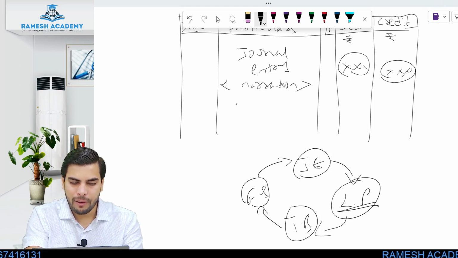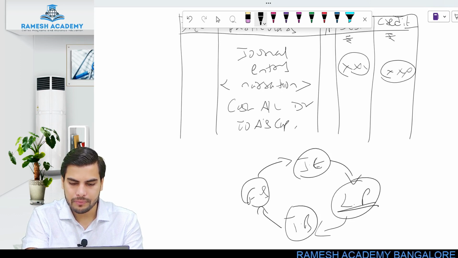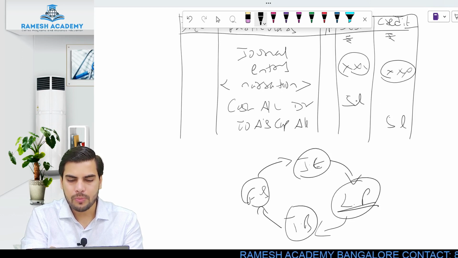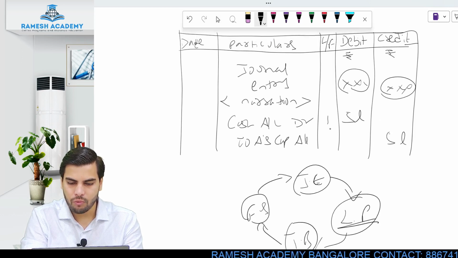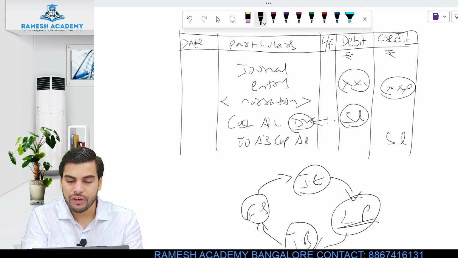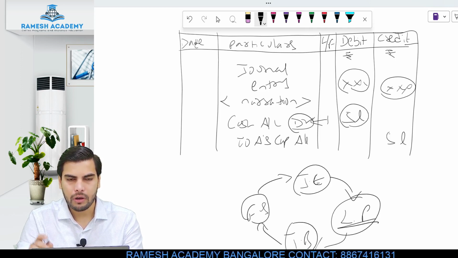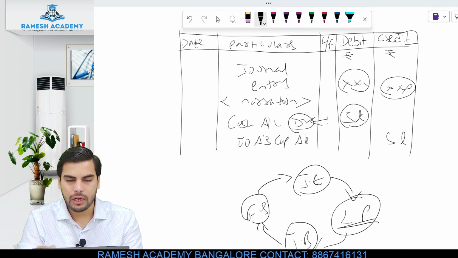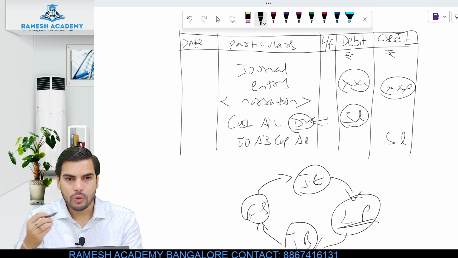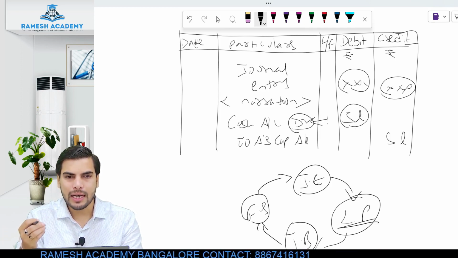Now if I pass a journal entry like this: cash account debit to A's capital account, 5 lakh. In this ledger folio, if I just mention 1, it means this transaction of 5 lakh is appearing on the first page of the ledger. So the ledger folio is nothing but a kind of reference number.